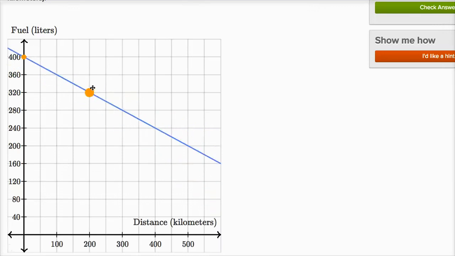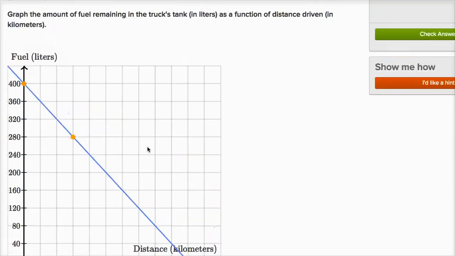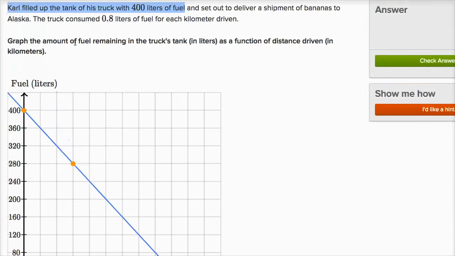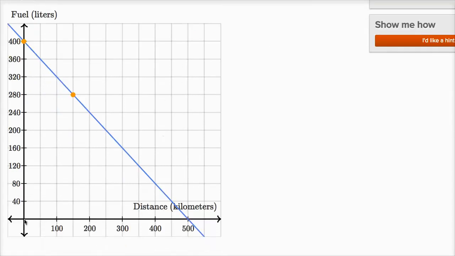Now we have to think about where we might want to put this other point. We know he's consuming 0.8 of a liter of fuel for each kilometer driven. But we're not going by 1 kilometer, 2 kilometers. They're going by 50 kilometers, 100 kilometers.